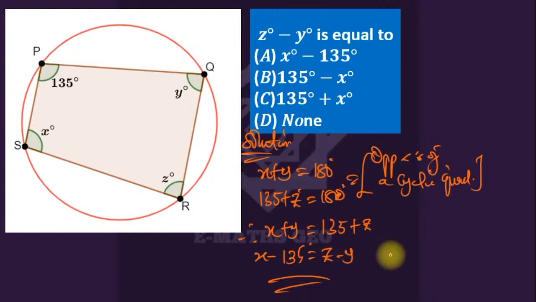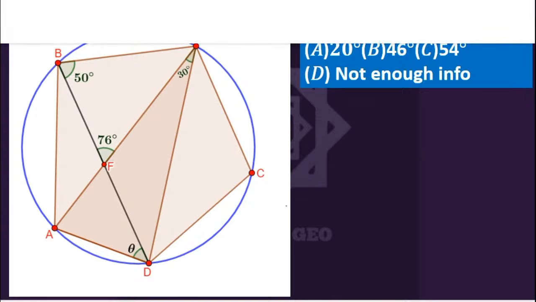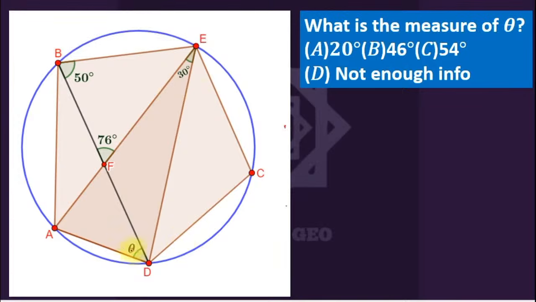This is option A. From the diagram, you see that theta will be gotten using the cyclic quadrilateral theorem. Because ADEB is a cyclic quadrilateral, once I know this angle and the total angle here, I know theta. So first of all, let's get angle ABD. Angle ABD is 30 degrees.